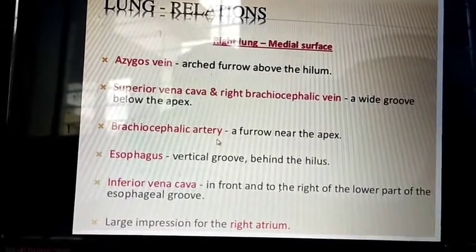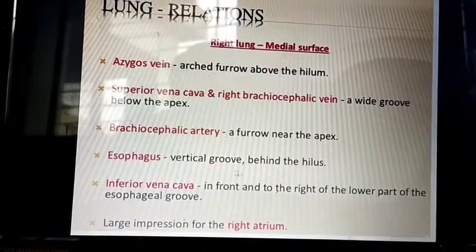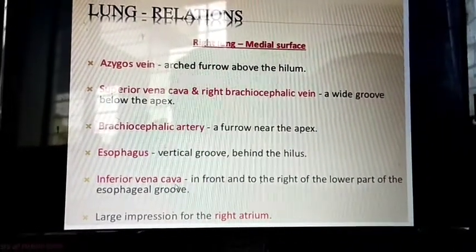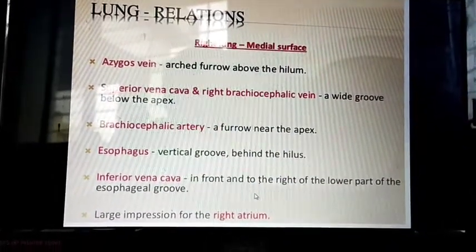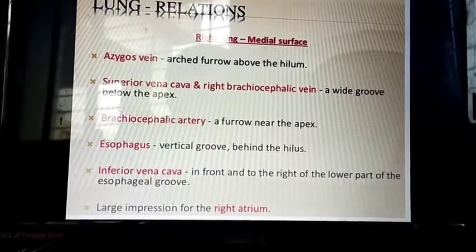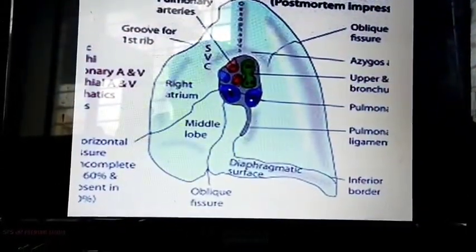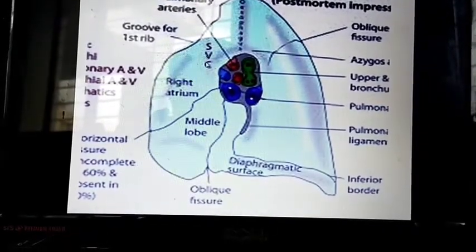The brachiocephalic artery is a furrow near the apex. The esophagus is a vertical groove behind the hilum. The inferior vena cava is in front of the lower part of the esophageal groove, and there is a large impression of the right atrium. This is the impression for the superior vena cava.